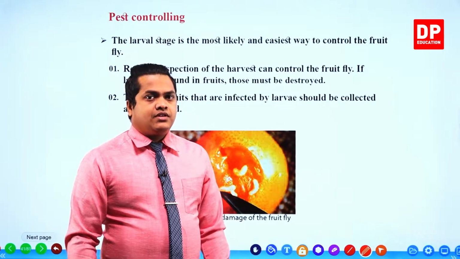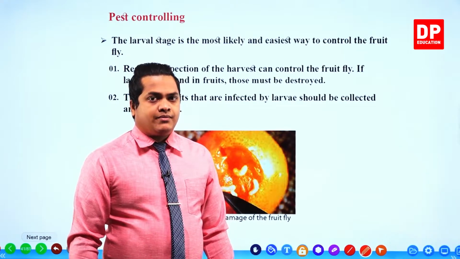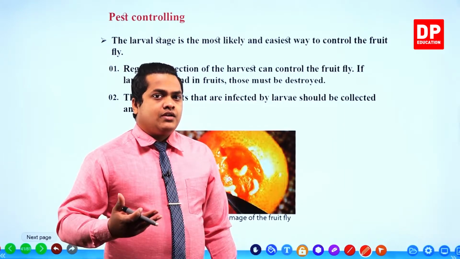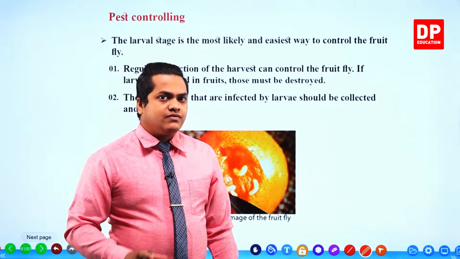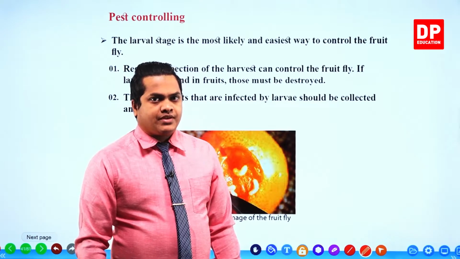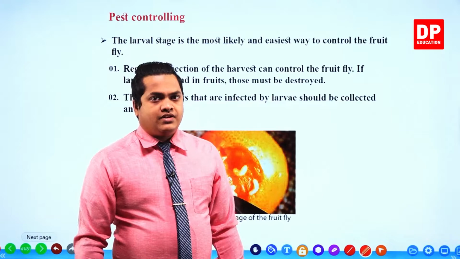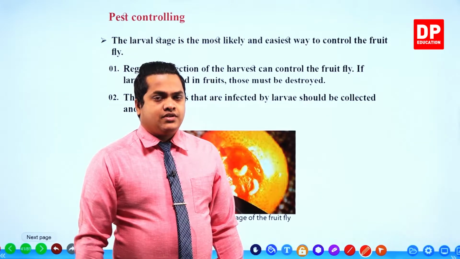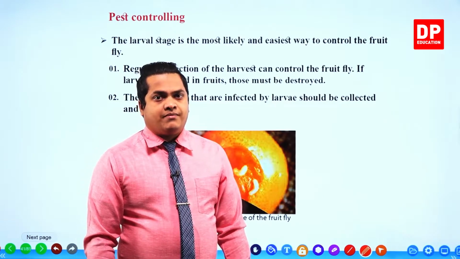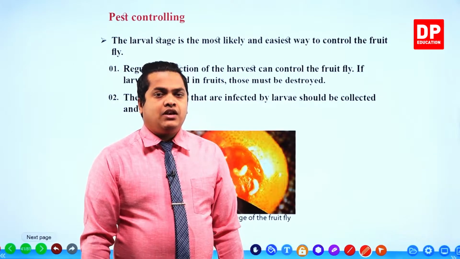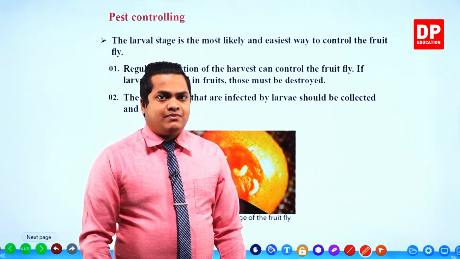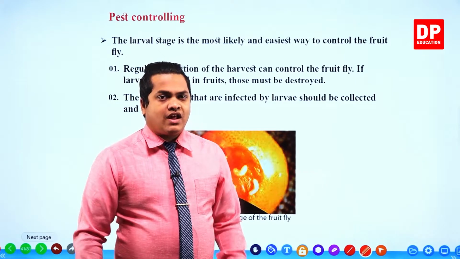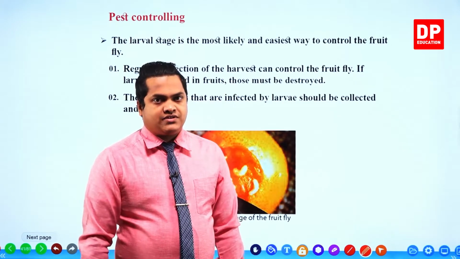Most of the time the main reason for rotting is the fruit fly larva. As the fruit fly larva eats the fruits, different microorganisms come and act on the fruit, and then finally it will rot. So this rotting process is mainly created by the fruit fly larva within the fruits.